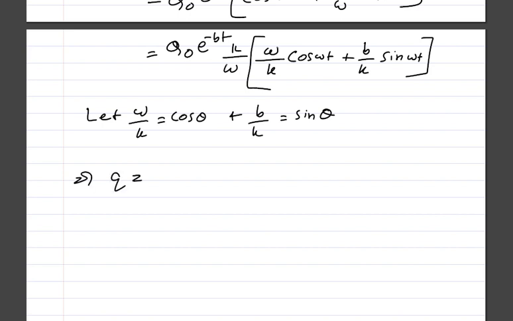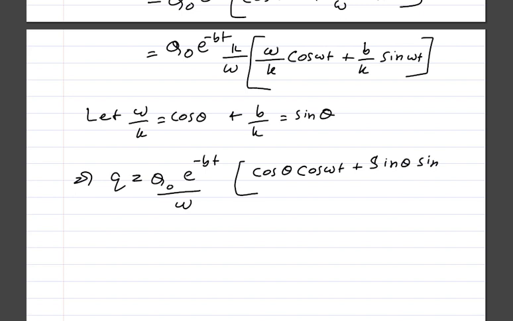So that implies q is equal to q naught into e to the minus bt by, just a minute, there should have been k, yes, k by omega, so into omega by k is cos theta cos omega t plus sin theta sin omega t.